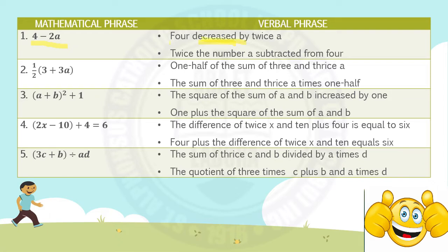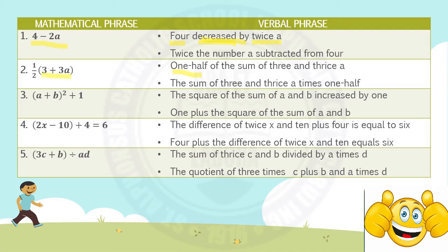4. That's the word 4. 2a can be translated into twice a, or twice the number a subtracted from 4. Now, 1/2 quantity 3 plus 3a can be read in verbal phrase as 1/2 of the sum of 3 and thrice a.